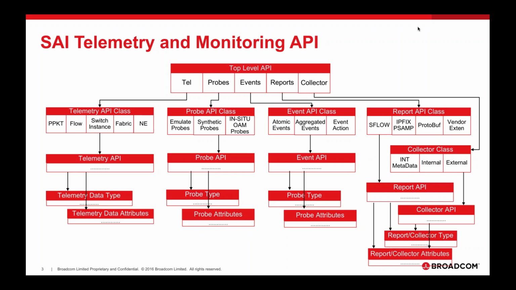Events, in the current proposal, are very tightly integrated as telemetry subsets. I think it's a better idea to separate them as a separate class in itself. And with events, we have to look a little carefully, because an event could be an atomic event, like a port going up and down, or a threshold being crossed, or it could be an event based on an aggregate set of data or aggregated set of events.